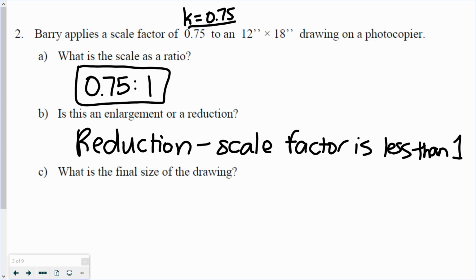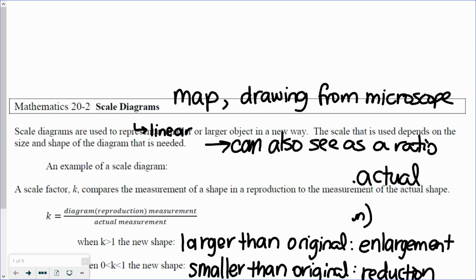So what is the final size of the drawing? Using that formula above, let me just flip back a slide or two. If we rearrange this formula to solve for the reproduction measurement, we know we need to multiply both sides by the actual measurement.